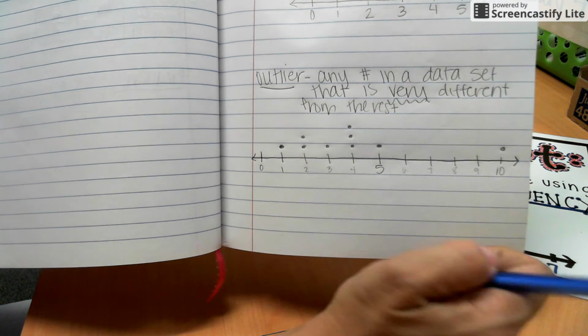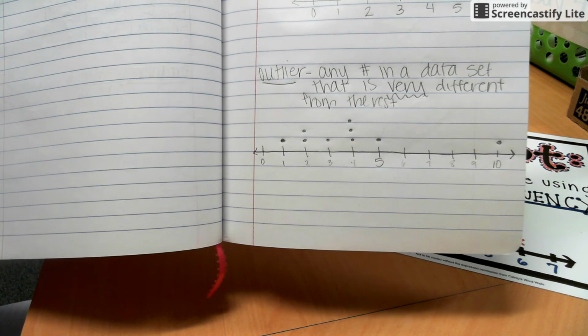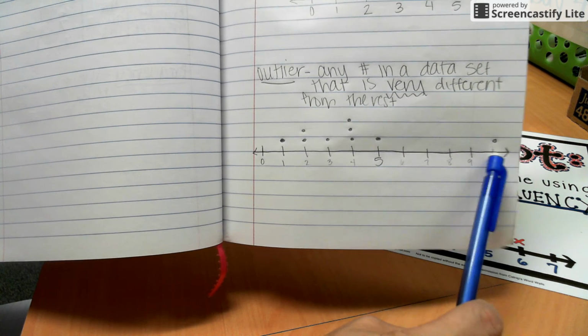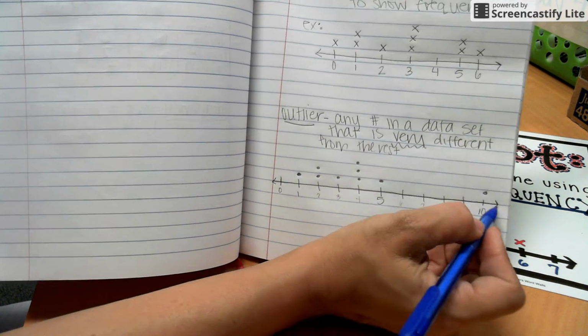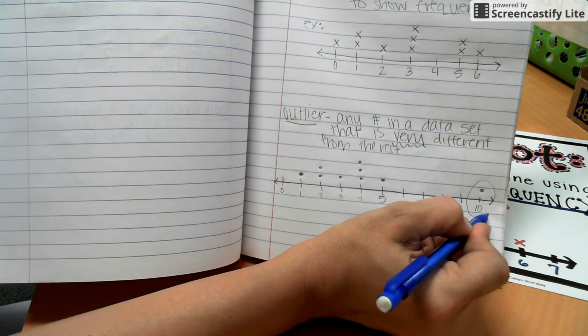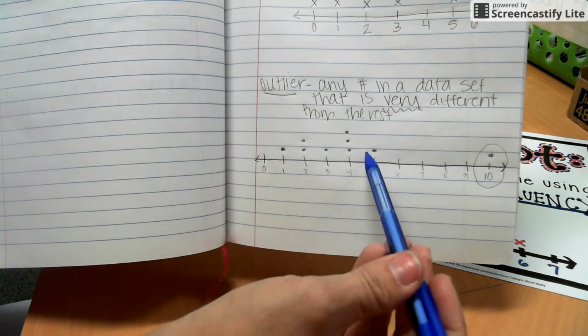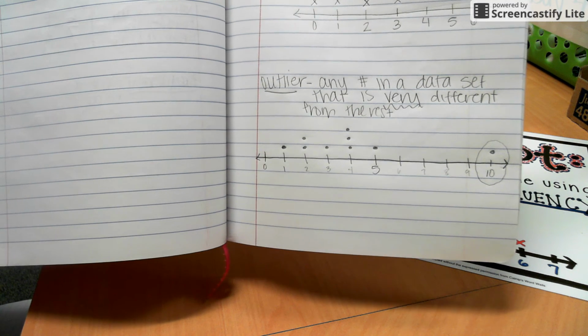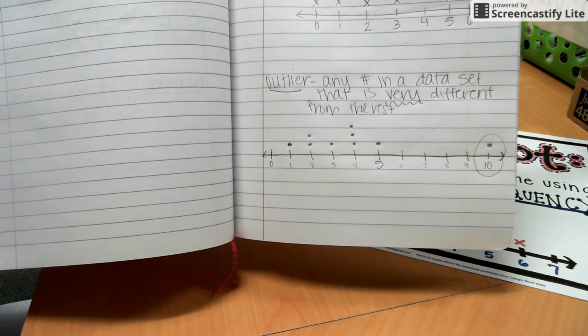This one is very different from the rest because most of my answers are covered down here. So because I have this one random one very different than the rest, then my outlier is 10 because it's different from the rest because most of them are found on this side of the number line. So go ahead and make sure you have that copied down.